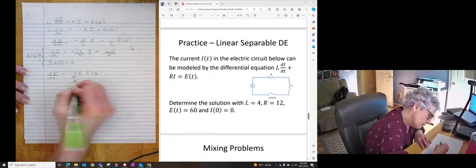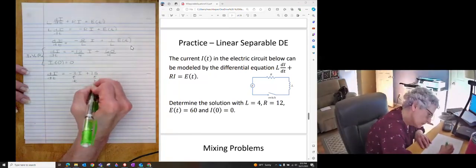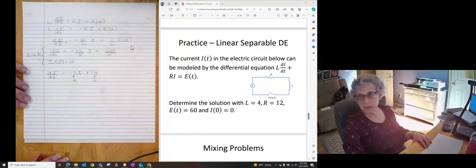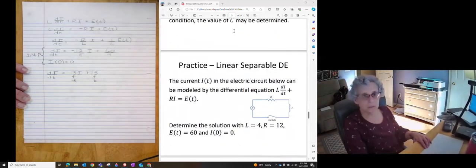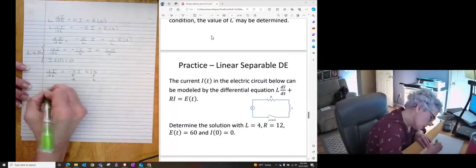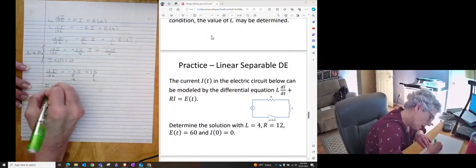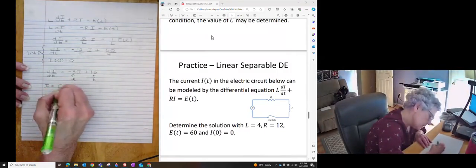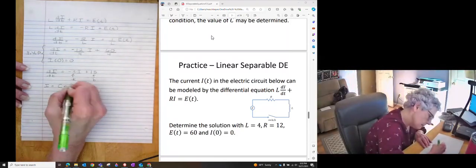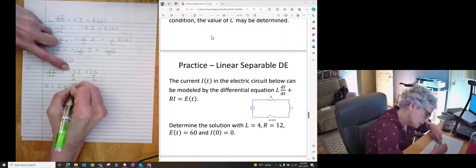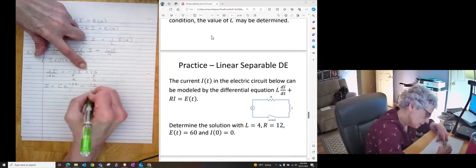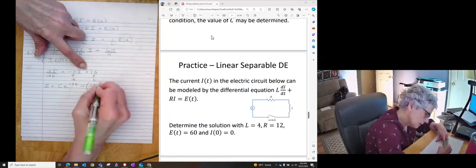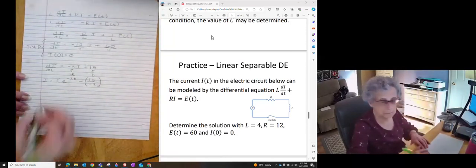So this is K, and this is B, because we made it look like y prime of t equals ky plus b. So I is equal to some constant C e to the negative 3t minus b over k.